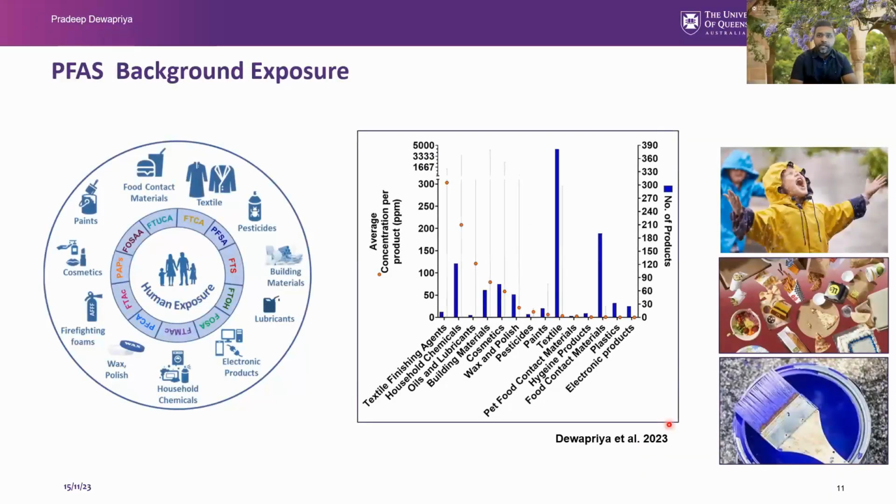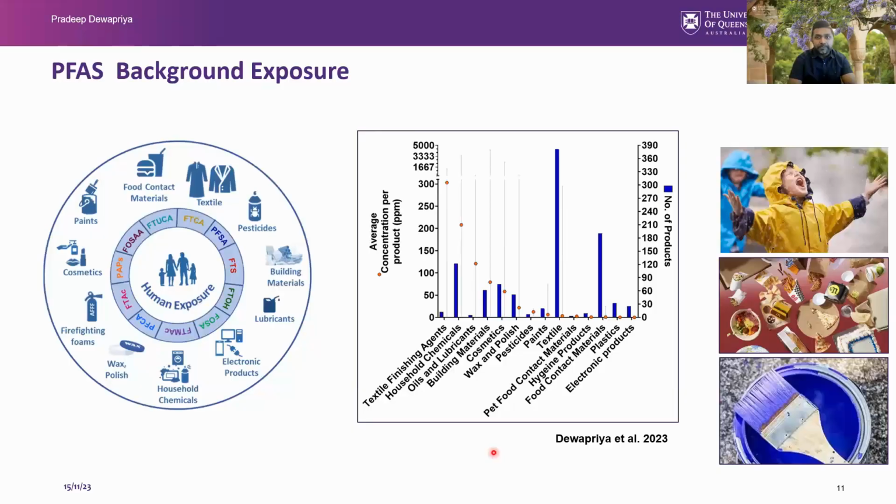In addition to this major source, humans are exposed to PFAS through various household products that we use in day-to-day activities. In one of our recent review articles, we summarize 15 different household products that contain PFAS. Here I'm showing you the summary of our review article.